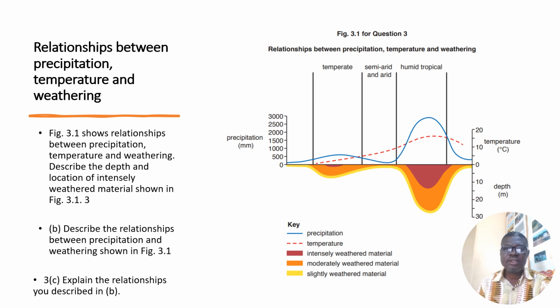The higher the precipitation, the more intense the weathering. Shown by what? Can you give me statistics to support what you are saying?